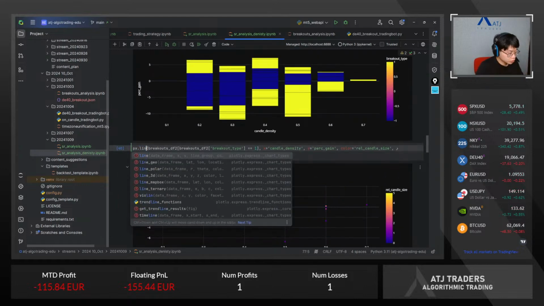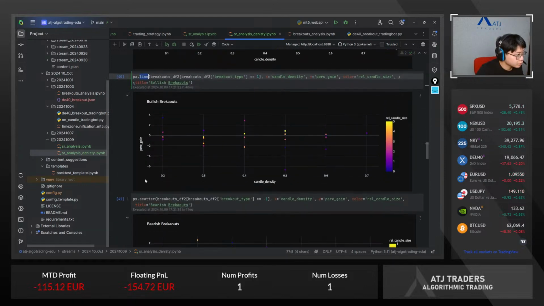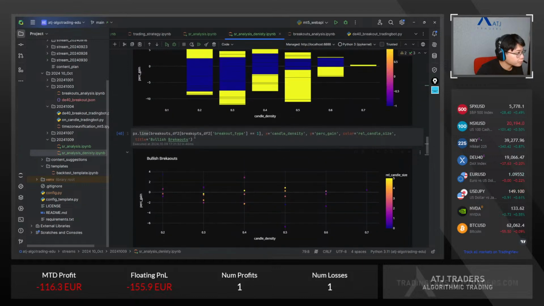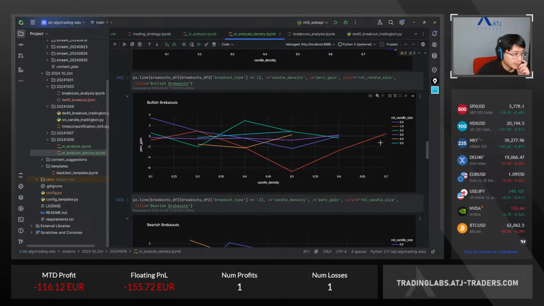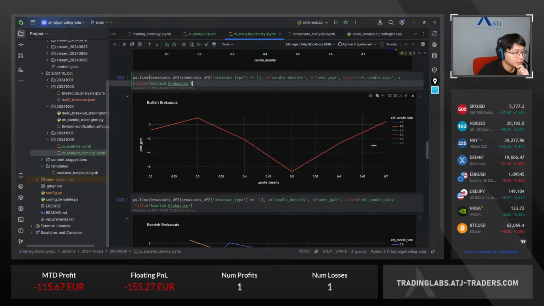And I think I can also make a line chart, because a line chart will also show you. This looks interesting. So here we can see relative candle sizes, right?